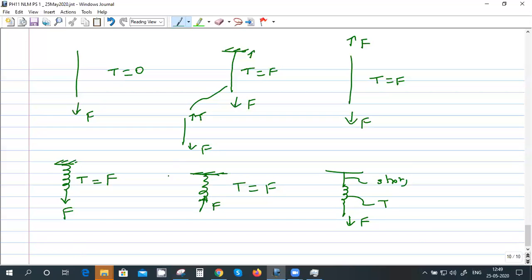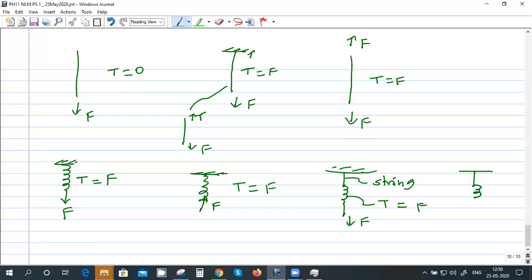See, here I've directly connected the spring to the rigid surface. Now I've connected a string to the spring. F by 2. Don't make random guesses. Sir, F only. Yeah.